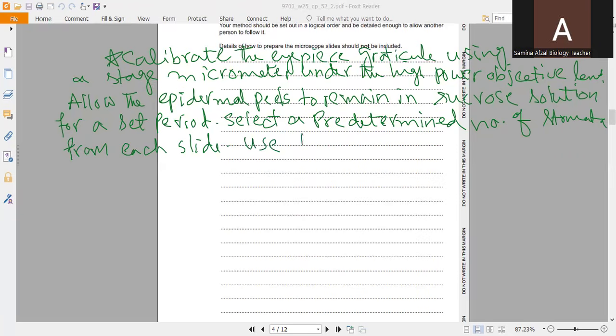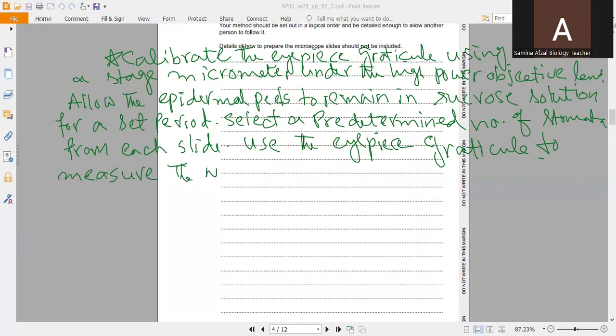Then use the eyepiece reticule to measure the width of the aperture of each selected stomata.